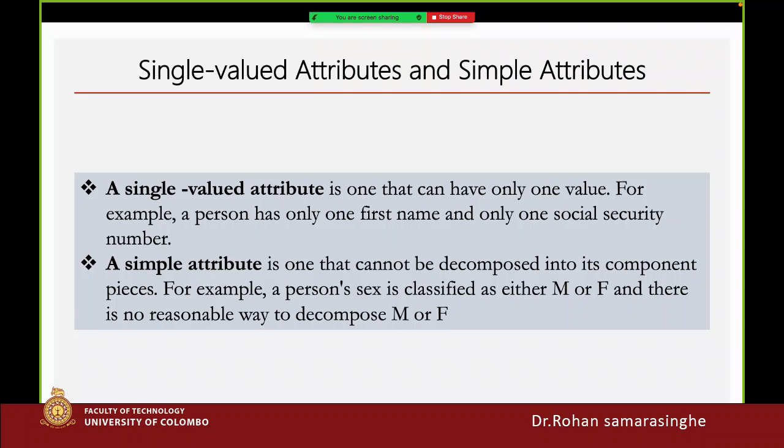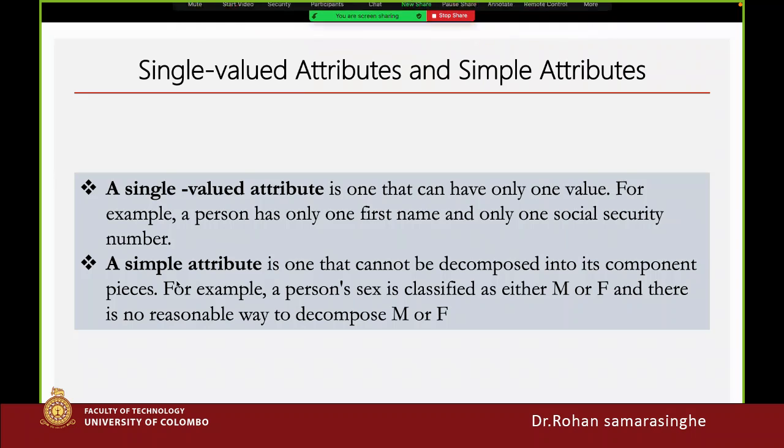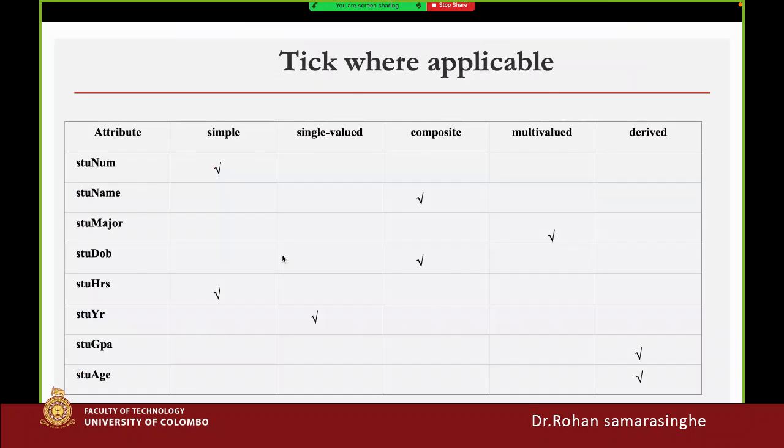So that you can understand clearly what is the difference between the multi-valued attribute and simple attributes. Can you understand? I think yes. So that you can understand the difference of these simple attributes and the single valued attribute. Okay, let's see the next one.